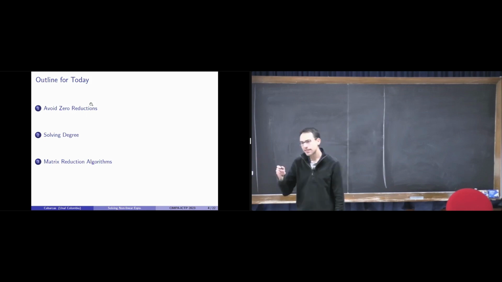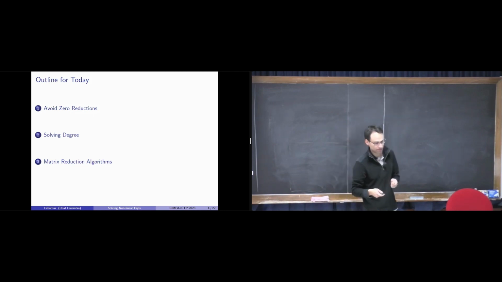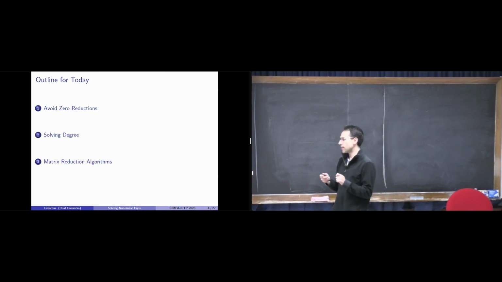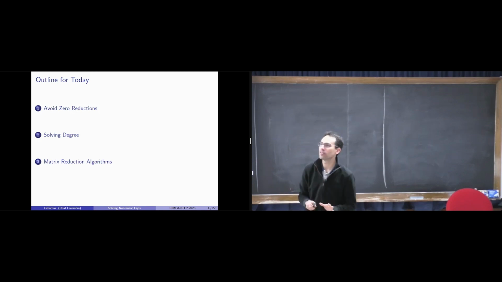This is going to lead us later to another algorithm called the F5 algorithm. It is important because, under certain generic conditions, it guarantees that there are no reductions to zero, that it avoids every redundancy in the system.